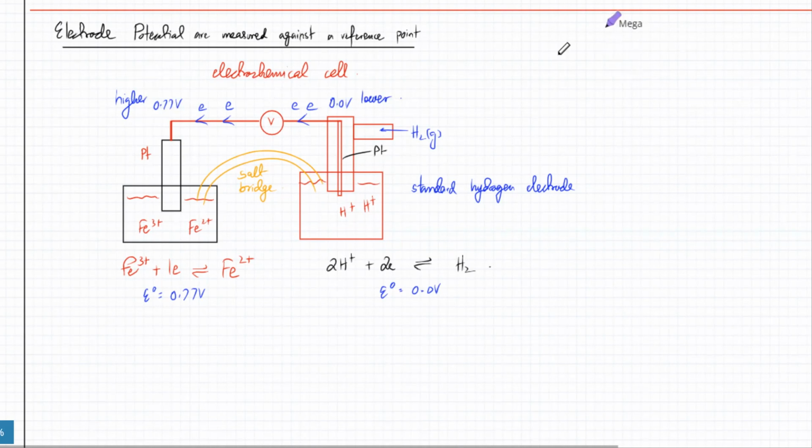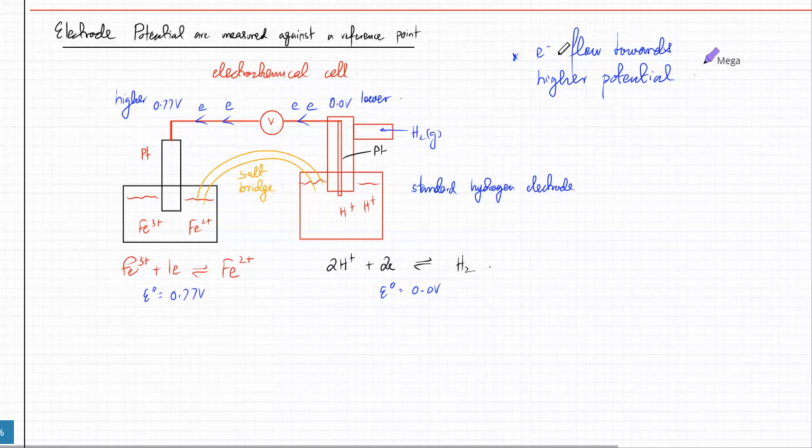We'll do that example next, but let's write this point: electrons flow towards higher potential. You're going to determine which one is the higher potential.